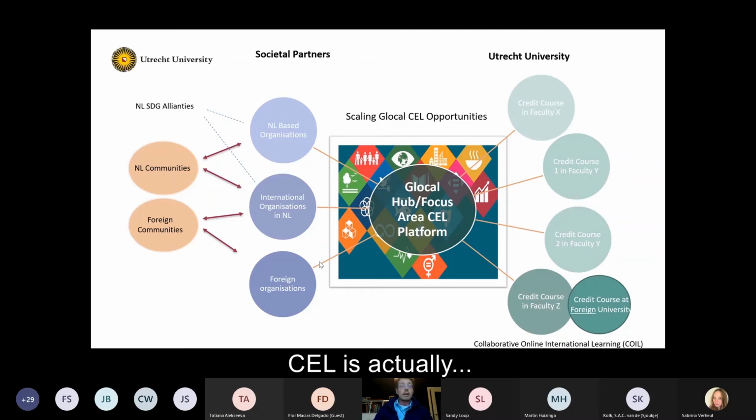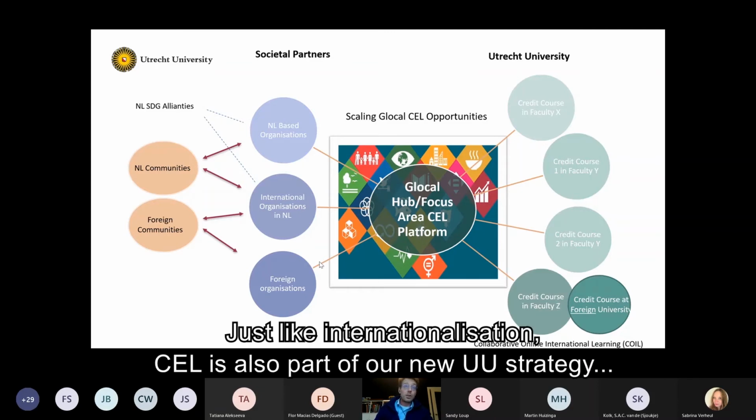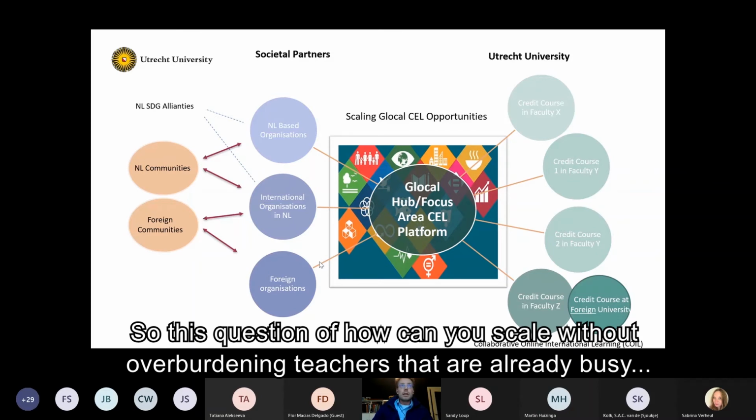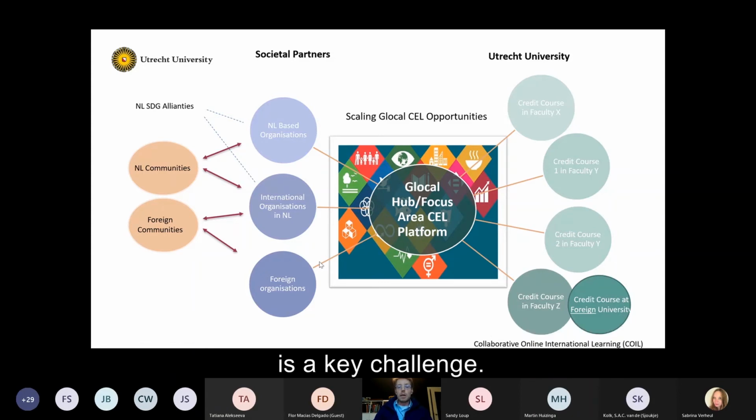CEL is actually, just like internationalization, also part of our new UU strategy. It's explicitly highlighted there. And so the question of how you can scale without overburdening teachers that are already busy is a key challenge.